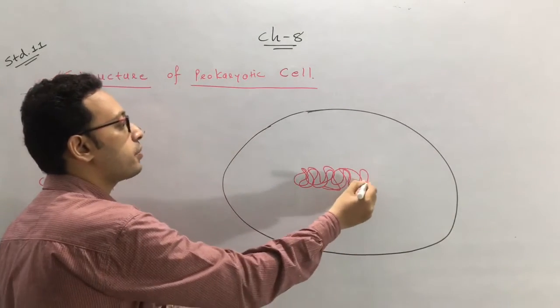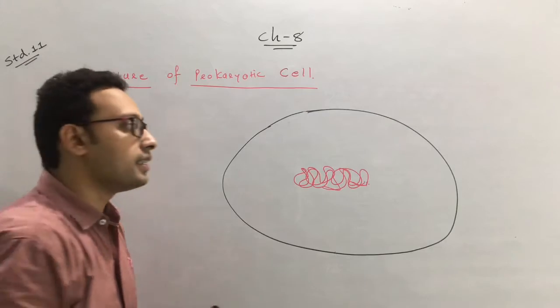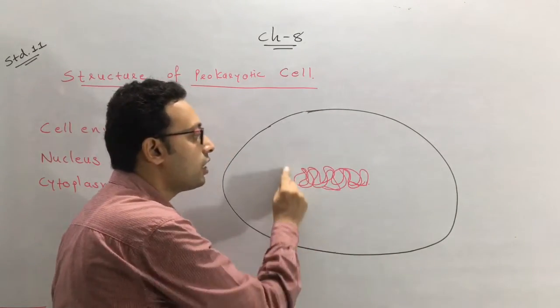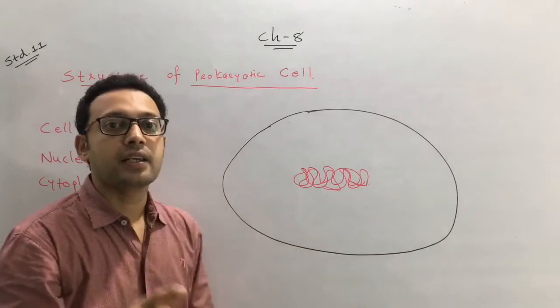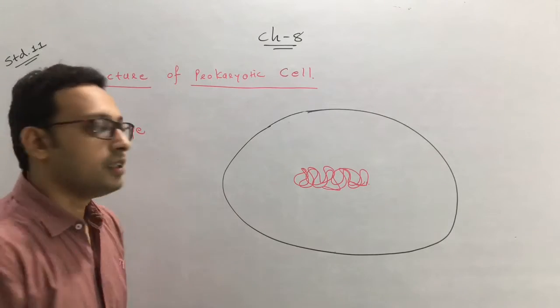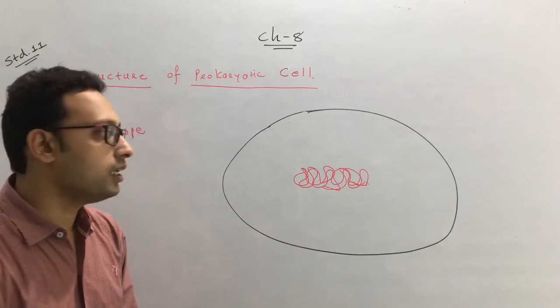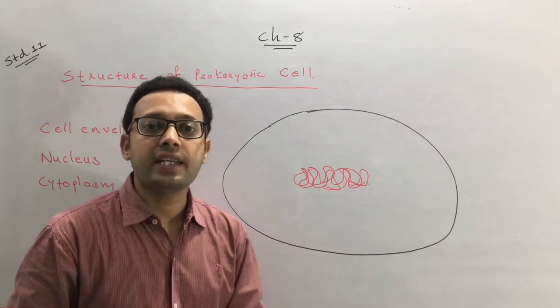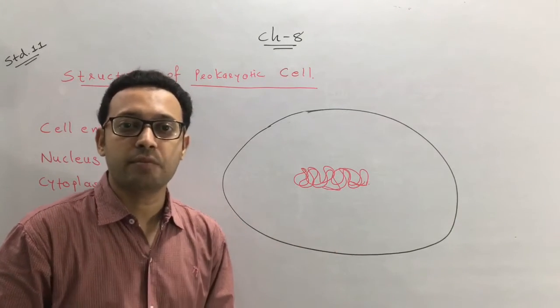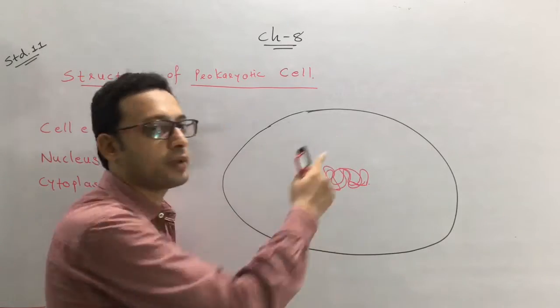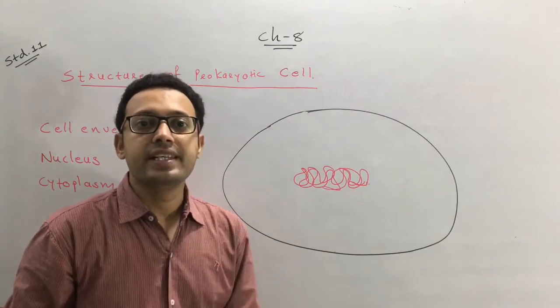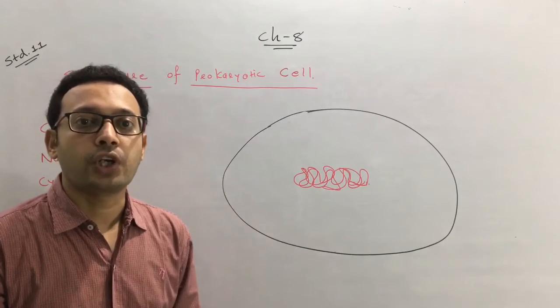But as it is a prokaryotic cell, this nucleus is not covered by a nuclear membrane. The nucleus is not even well organized, and it is not covered by any kind of membrane, that is, a nuclear membrane. So here there is no membrane, and this DNA is present in a nucleoid region.